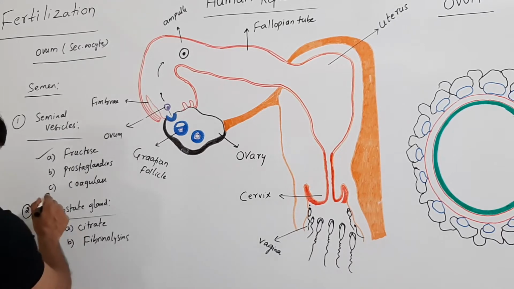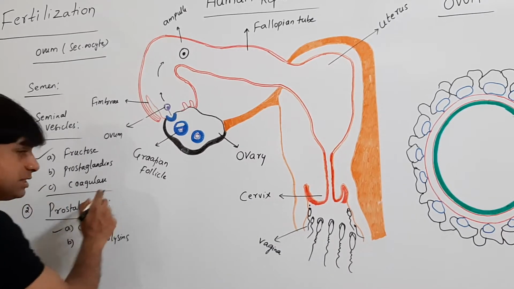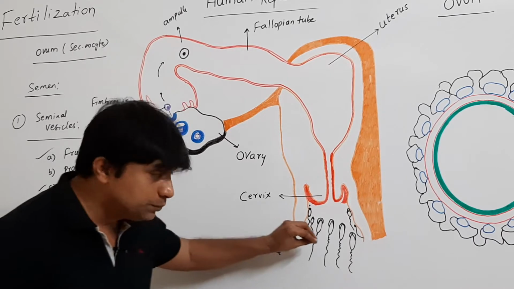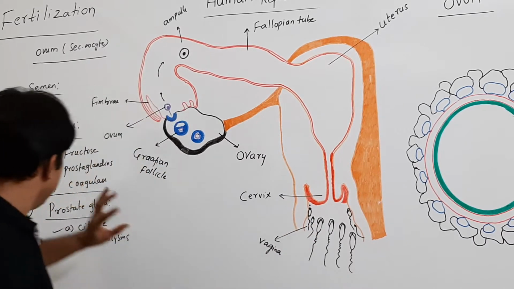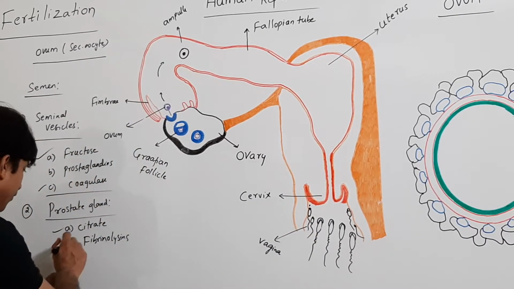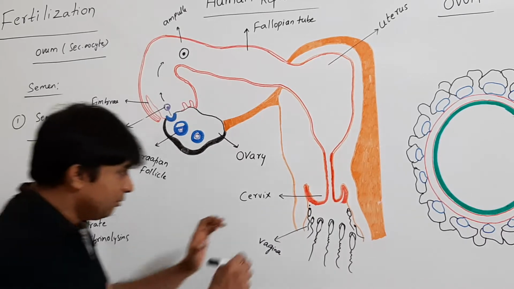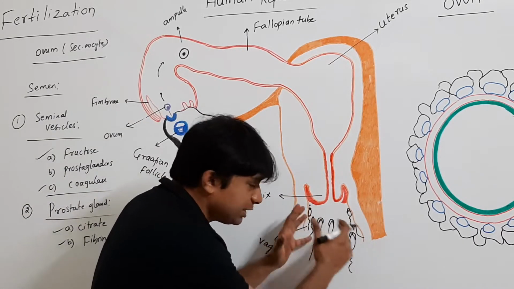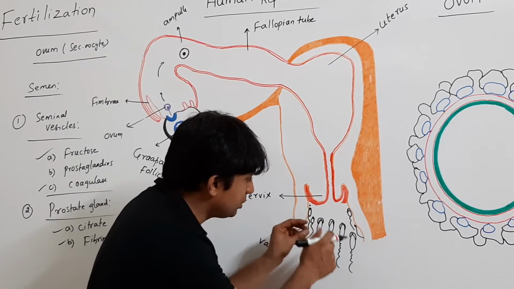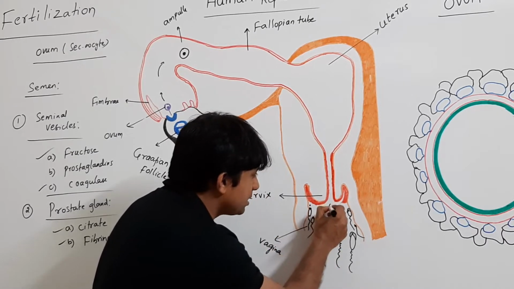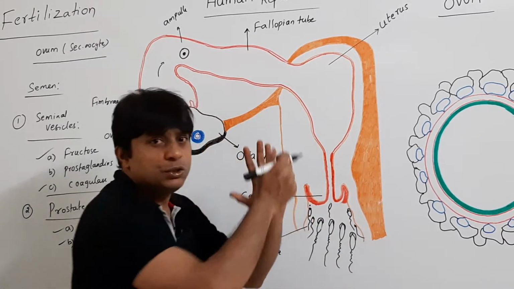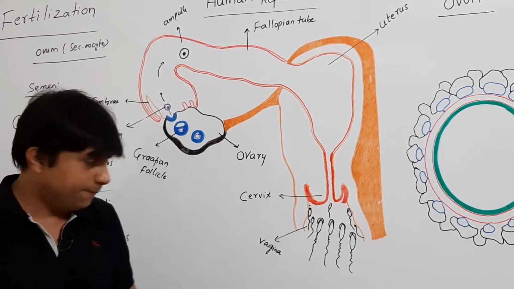This is because of an enzyme called coagulase, to conserve energy. Now with the release of fibrinolysin secretions, this coagulated sperm mass gets dissolved and the sperm become free and start swimming towards the uterus. Fine.